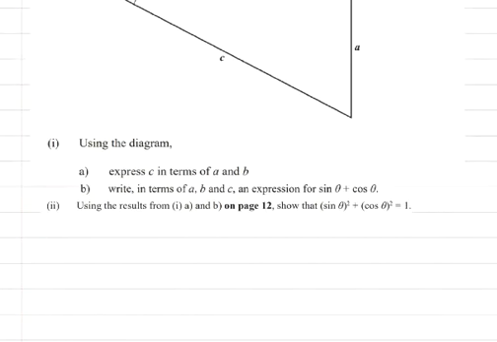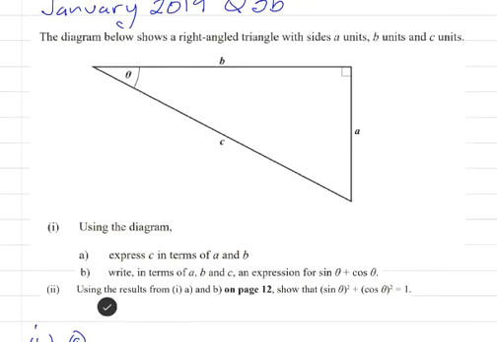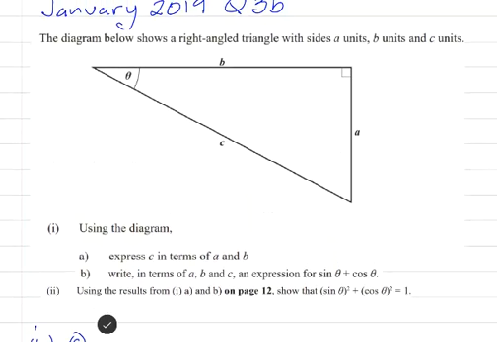So (i) A. All right, so let's just go back and look at the triangle a little bit. This is a right angle triangle. C is the hypotenuse. One way to express the hypotenuse in terms of the other sides is Pythagoras theorem.